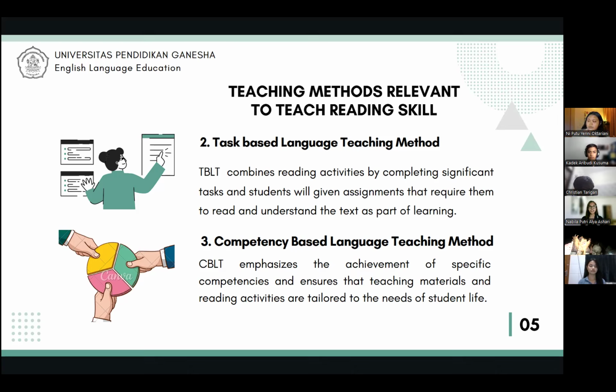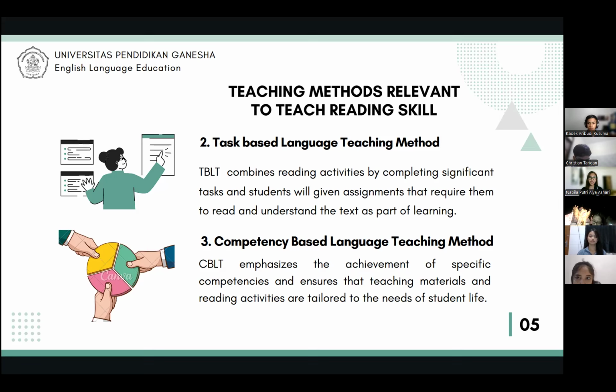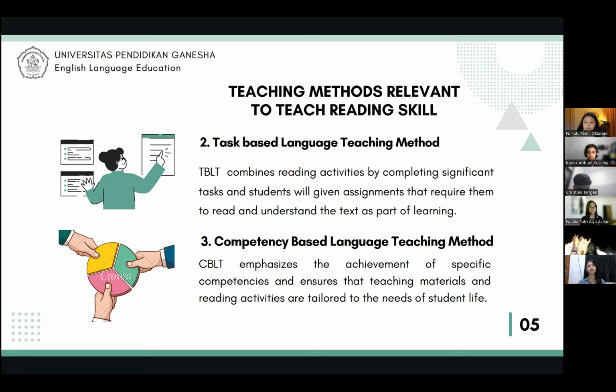Okay, so the last method is CBLT, or competency-based language teaching method. CBLT is very suitable for teaching reading skill because it emphasizes the achievement of specific competencies that can be measured, including reading competencies.